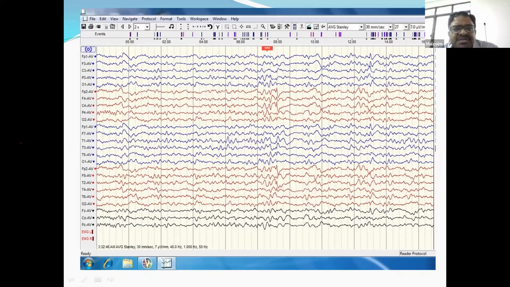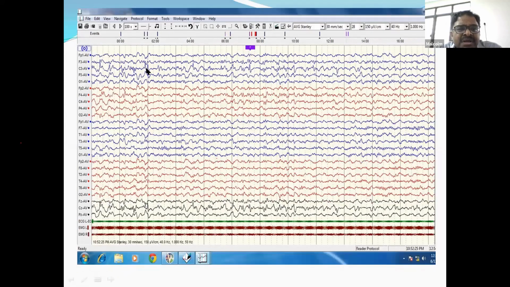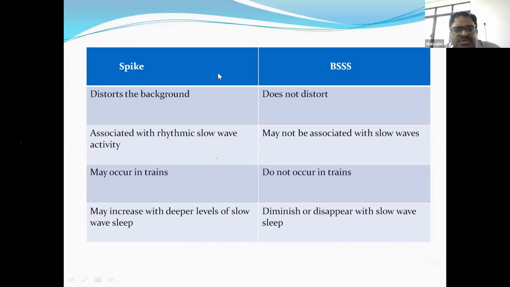The next point is, whenever you see these kinds of small spikes and they occur in trains, they are most likely true spikes rather than benign sporadic spikes. Now, to summarize, these are the four main differentiating points. The BSSS does not distort the background, whereas the spike distorts the background.